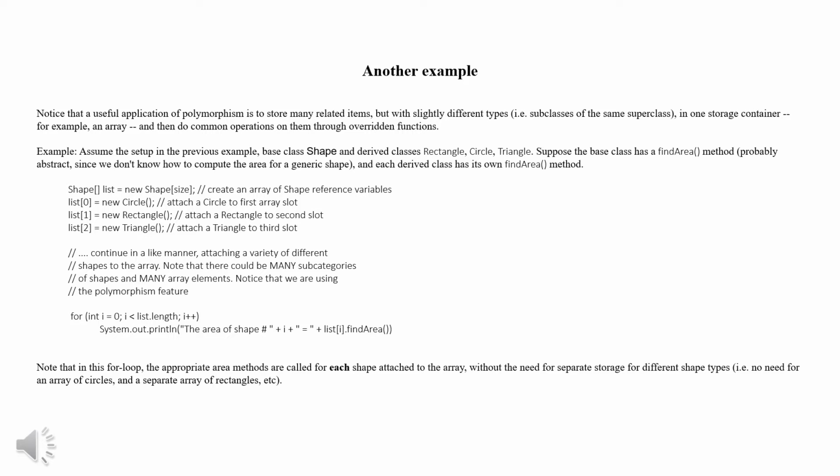So you can store all of those subclass objects inside one array, each object as the value of one cell of that array, and then by having that array you can do some operations.